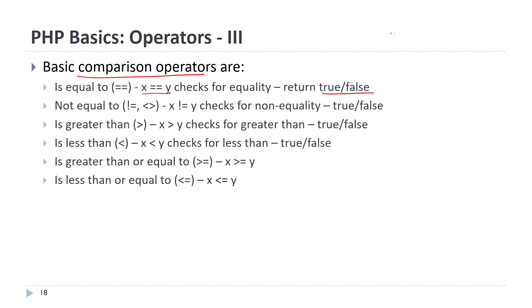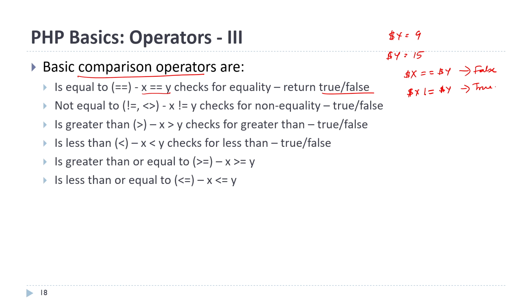If I say $x is equal to 9, $y is equal to 15, and you say $x is equal to $y, the answer here will be false, because x and y are not exactly the same. But if I say $x not equal to $y, here the answer will be true, because x and y are not equal.